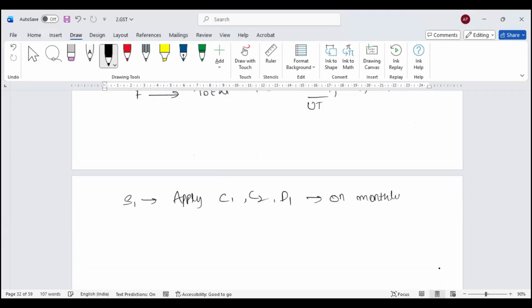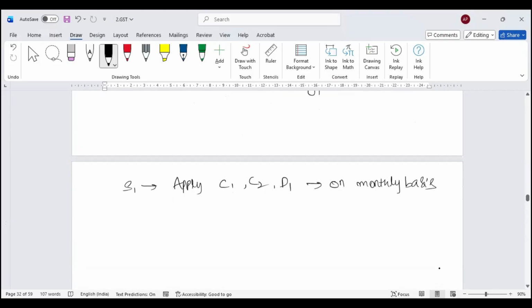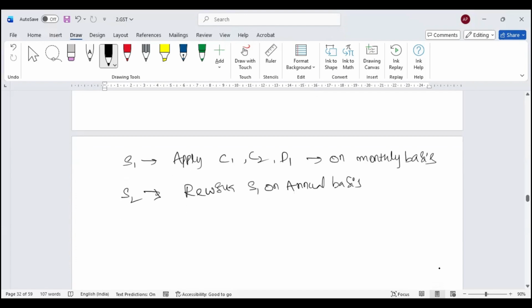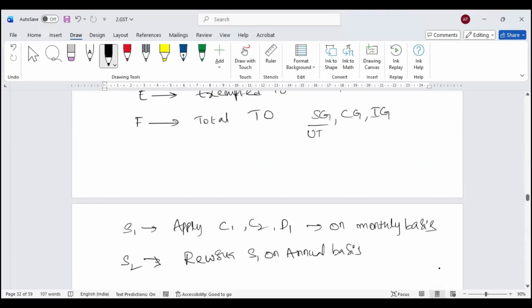Every month, identify your ineligible credit. Then step 2, rework step 1 on annual basis. That means to say, month on month, whatever ratios you have, you apply that. Do it for 12 months together. Reason, pattern. Like I was giving one example the other day.